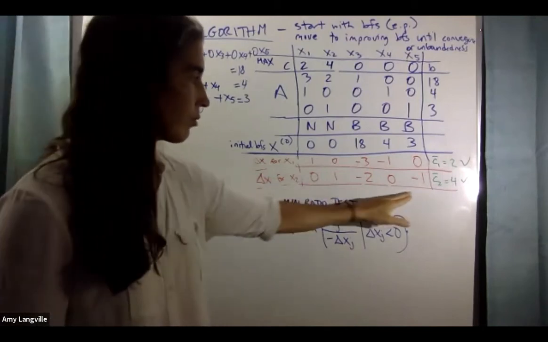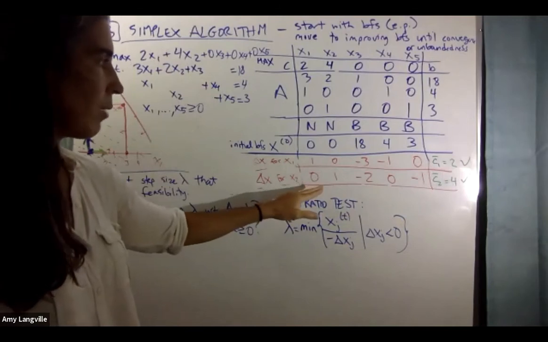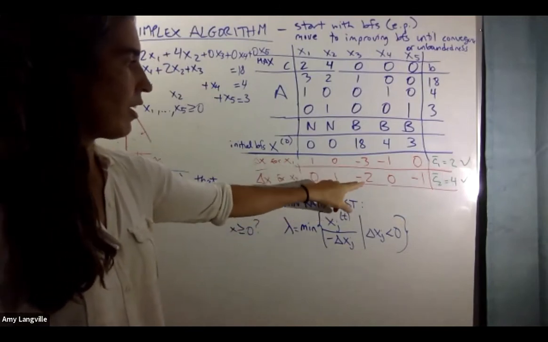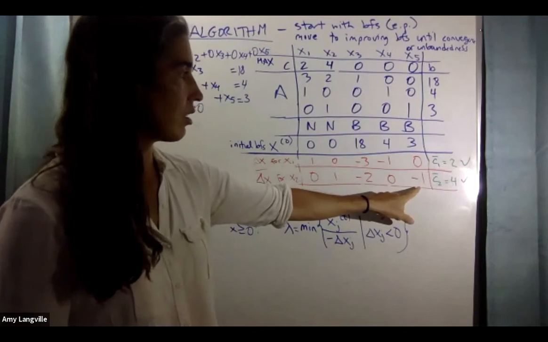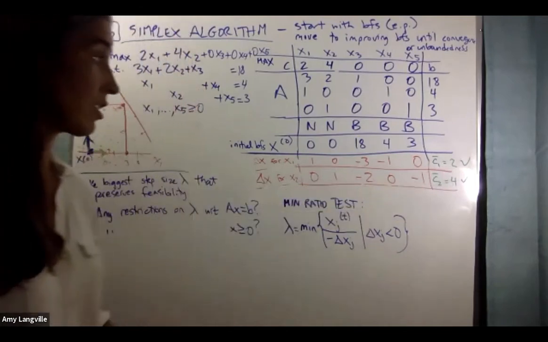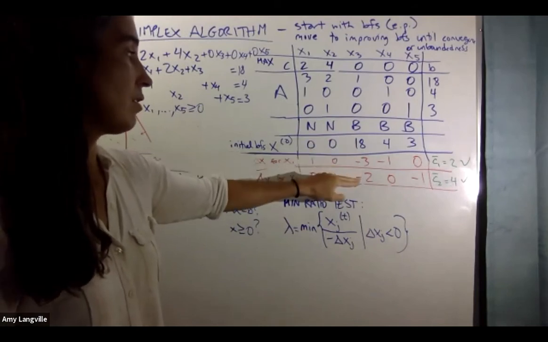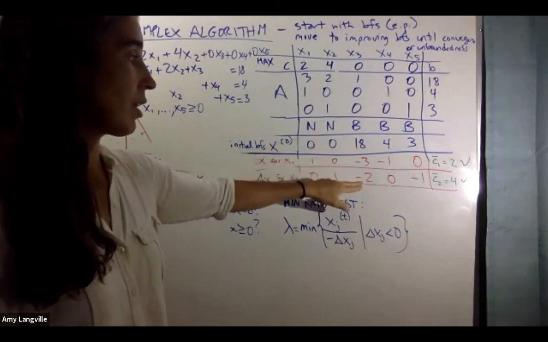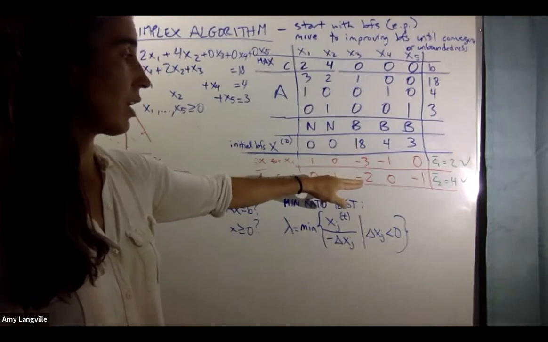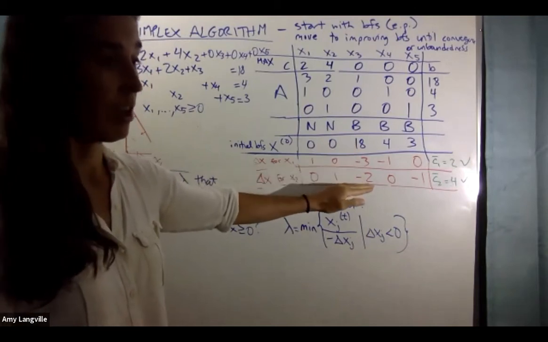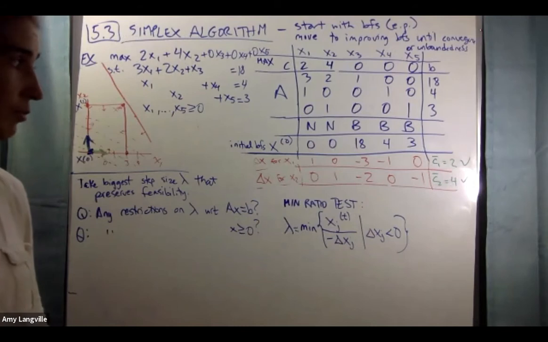And then same thing for the other change vector for the x2. Looking at this row here, I'm only concerned about negative values in this direction vector, because then I could go past. I'm at 18 now. If I made lambda 10, I'd go 18 minus 2 times 10, so 18 minus 20, I'd go to minus 2, and I would no longer satisfy the non-negativity constraint.